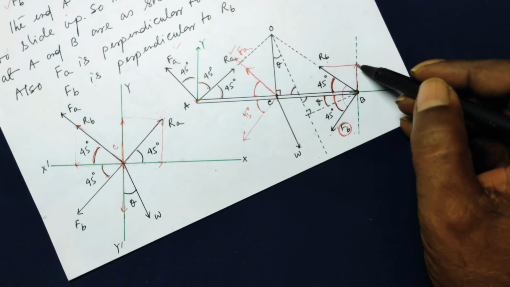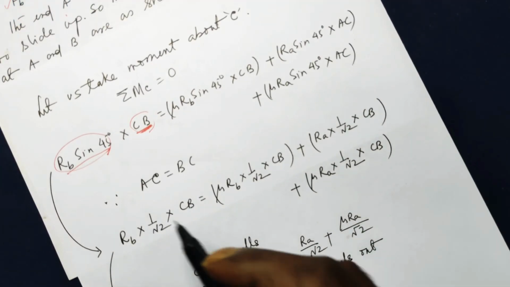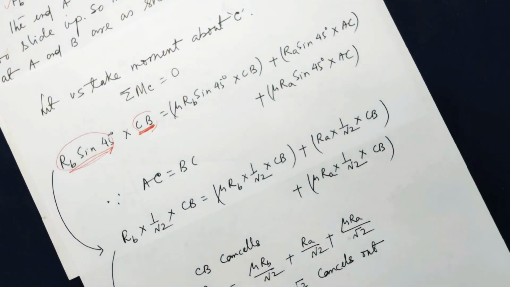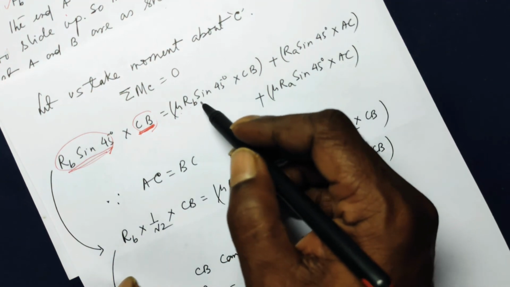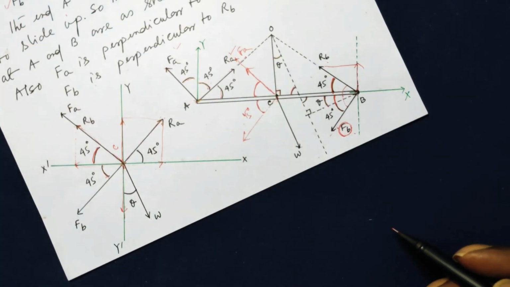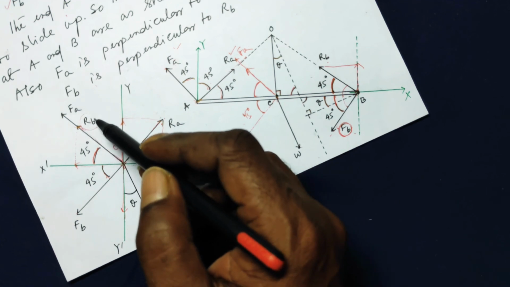So this RB sine 45 will produce an anti-clockwise torque. So RB sine 45 into CB is anti-clockwise torque. That should be balanced by a clockwise moment of the force, that is mu RB sine 45 times CB. This is your RB.